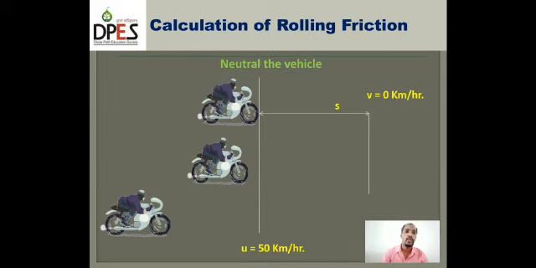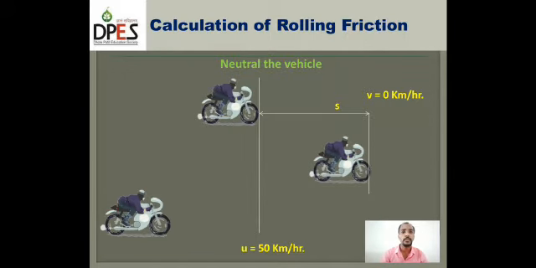Once you reach that line on the road surface, at that instant your speed should be 50 kilometers per hour, and at that instant you have to put the vehicle in neutral. When you neutral the vehicle, your bike will come to rest after covering some distance.